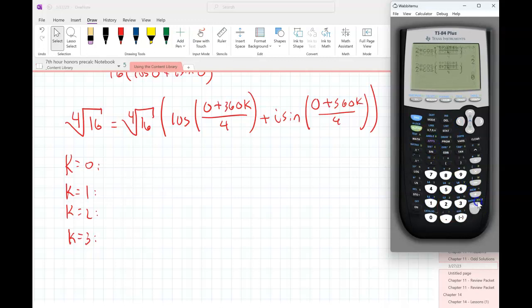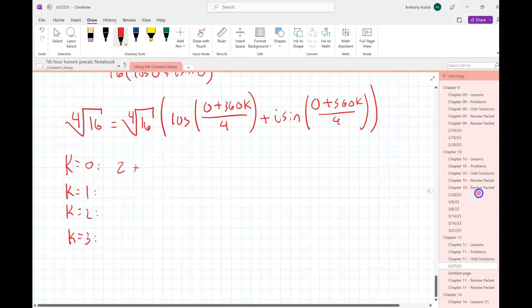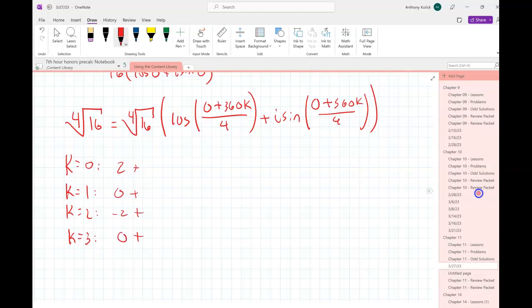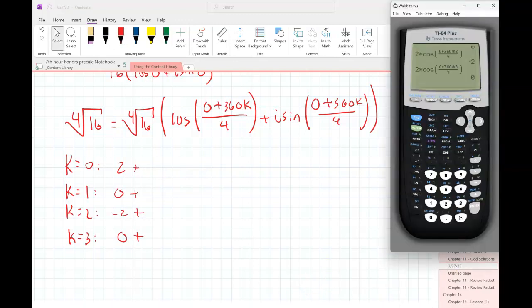That's 0. Update that 0 to a 2. That's negative 2. And we'll update that 2 to a 3, and we got 0 again. So those are the real components for my 4 answers.